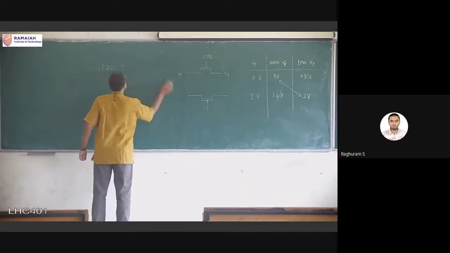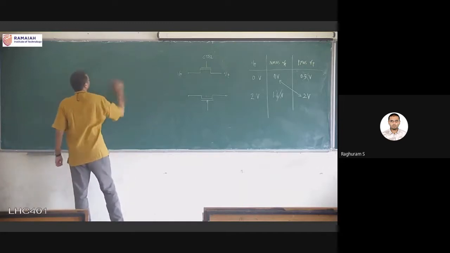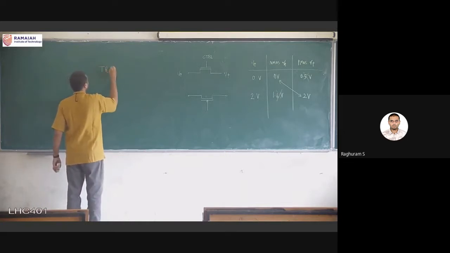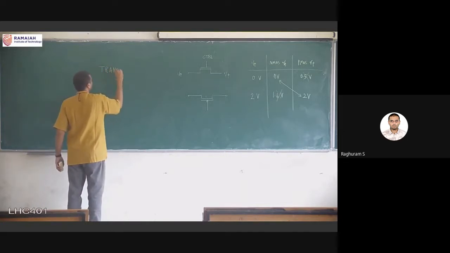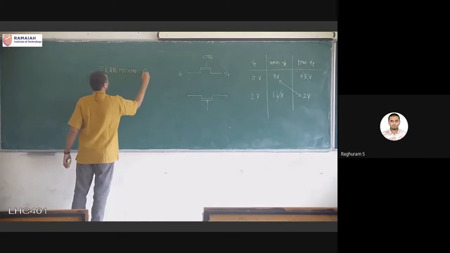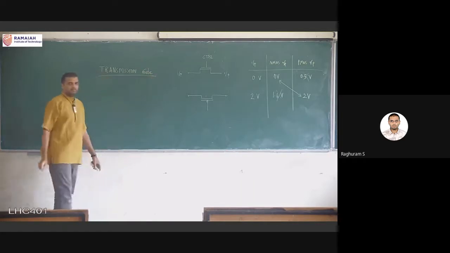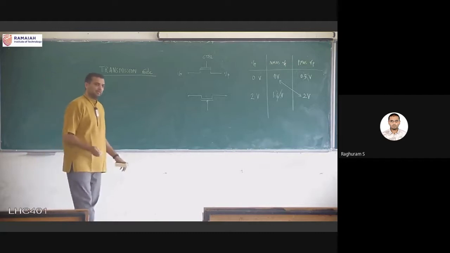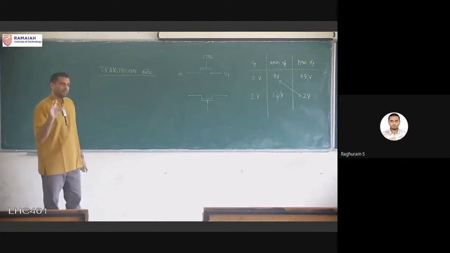That is our transmission gate. Transmission gate means again it is similar to pass transistors only, but only perfect values will come.